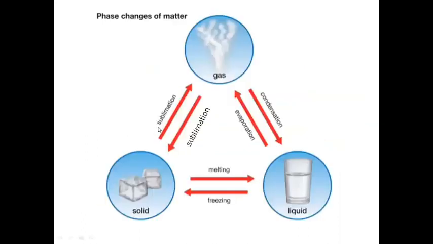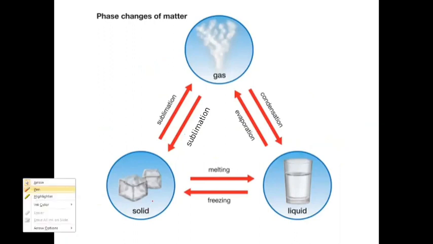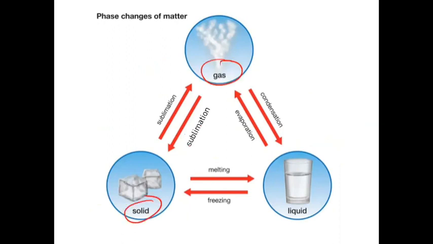This figure summarizes what we have said before. The conversion from solid into gas without passing through liquid is called sublimation, and from gas into solid is also called sublimation. But the conversion from the solid state into the liquid state is called melting, and the opposite is called freezing.